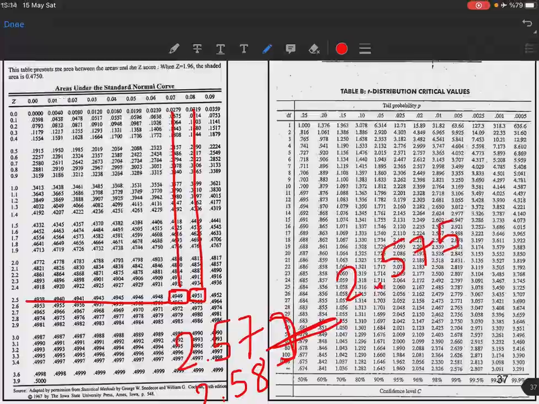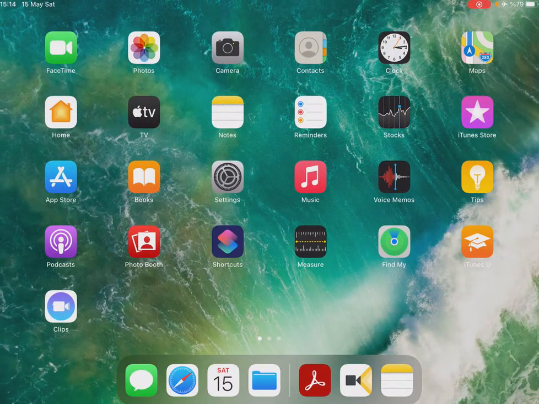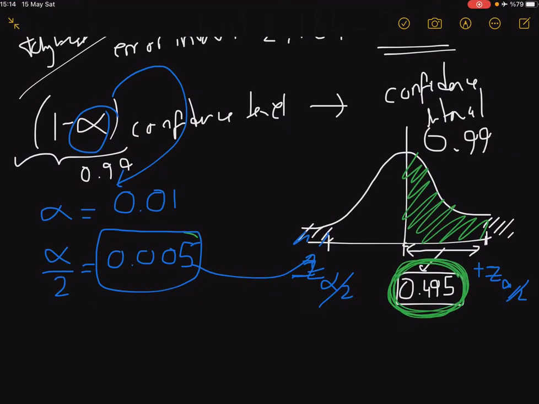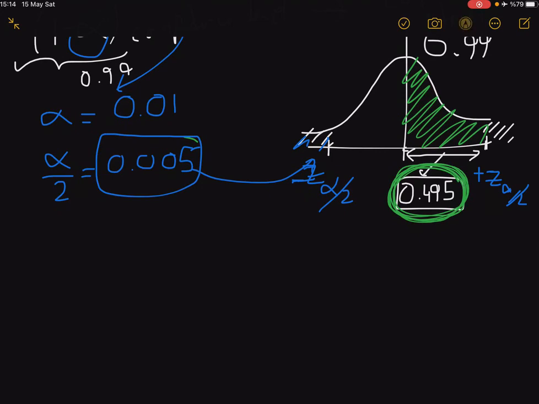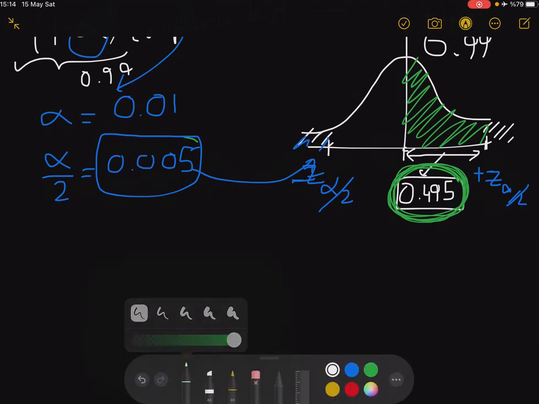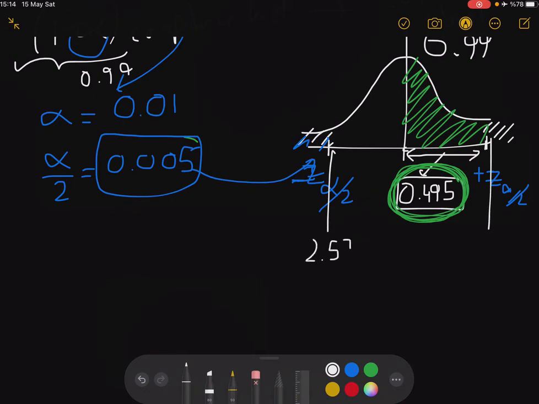Don't memorize anything, just try to use the table for this purpose. So the corresponding z values should be minus 2.575 and plus 2.575.